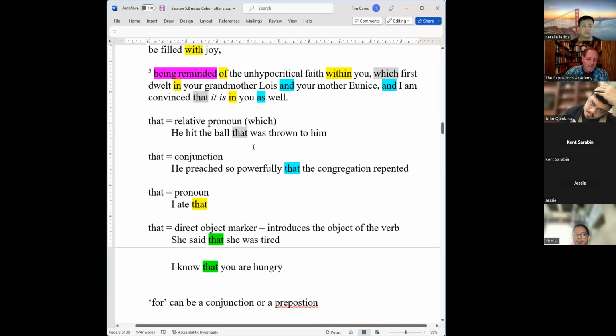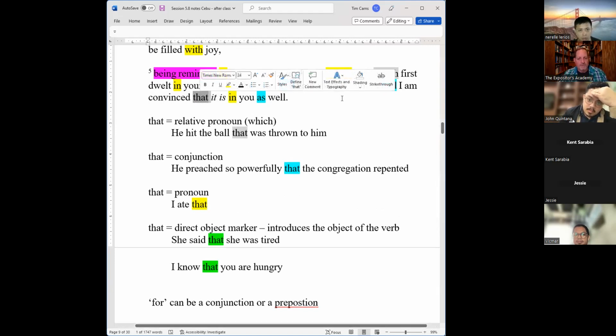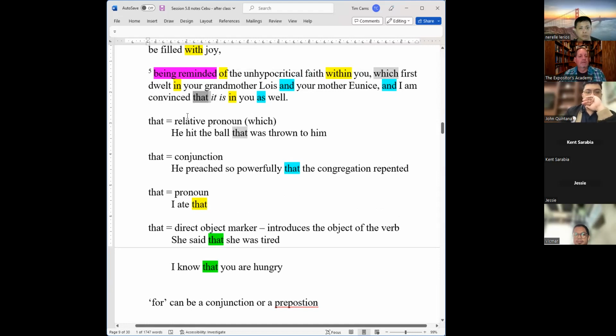So what I do when I'm looking at the sentence here, "I am convinced that it is in you as well." I think here the word "that" is giving the object of the verb. I am convinced that it is in you. So the word "that" is introducing the object of the verb. What am I convinced of?